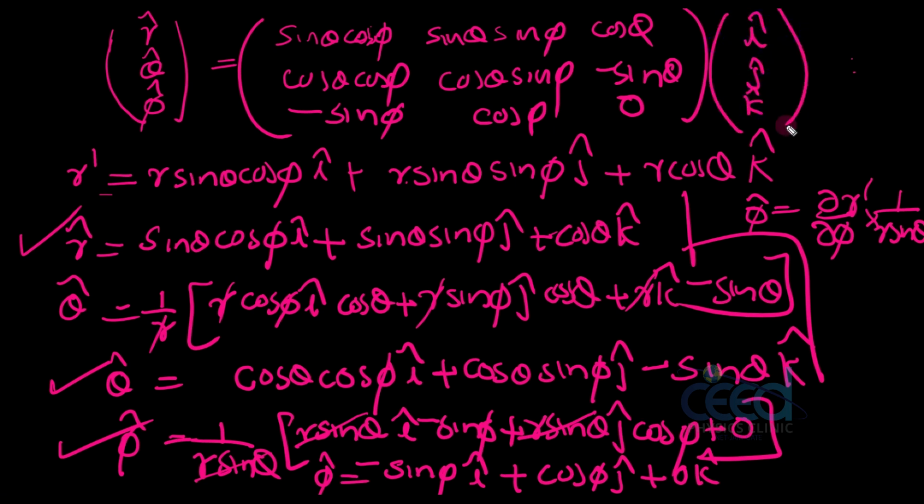So this is the matrix representation of r̂, θ̂, φ̂, the unit vectors along the spherical polar coordinates.